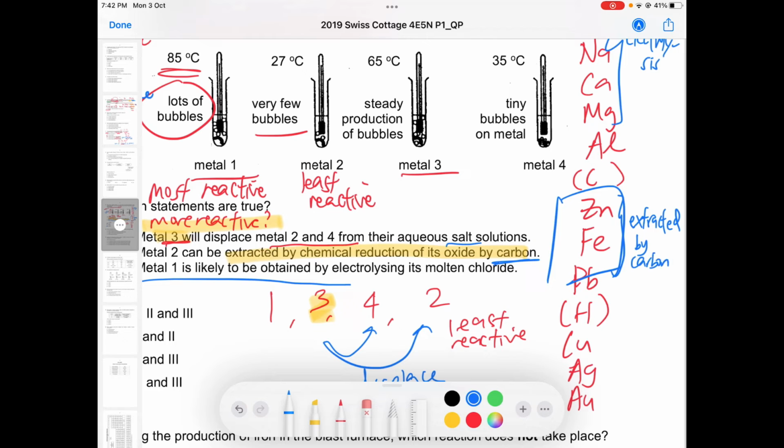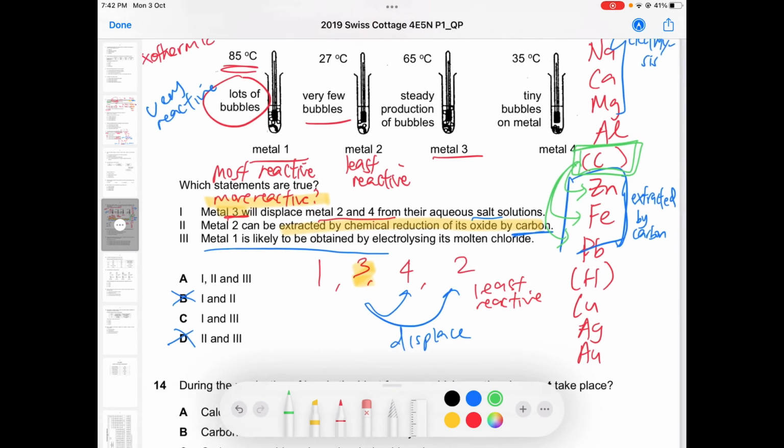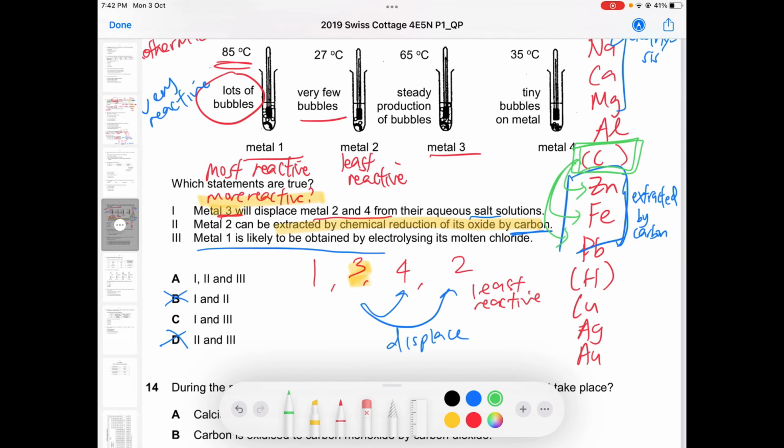Which means that this carbon is able to displace zinc, iron, and lead from their oxides, because carbon is higher in the reactivity series. That's why carbon can reduce them.